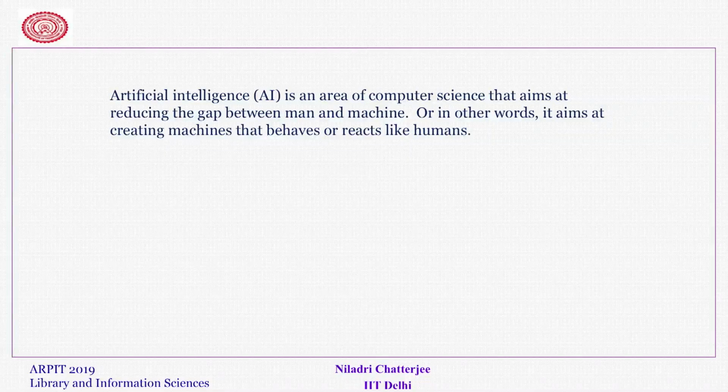Artificial intelligence is a very old concept, at least 60 years old. So, to understand that, let me first define what AI is. AI, in very simple terms, is an area of computer science that aims at reducing the gap between man and machine, or in other words, it aims at creating machines that behave or react like a human.